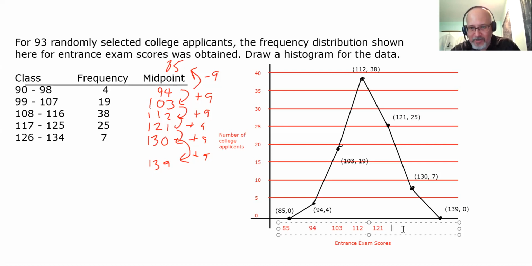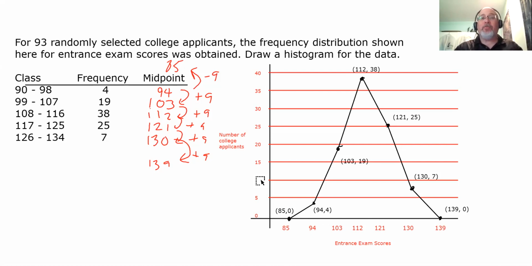You should know by now I'm not just about the answers. The next midpoint here is 130. And then the last one over here to end it is at 139. So it's not uncommon for a frequency polygon's picture to have its horizontal axis labeled specifically with the midpoints, as opposed to the lower limits when it was a histogram.